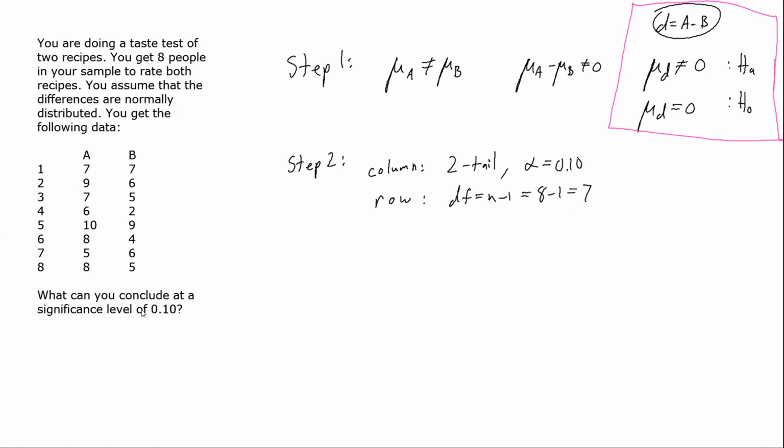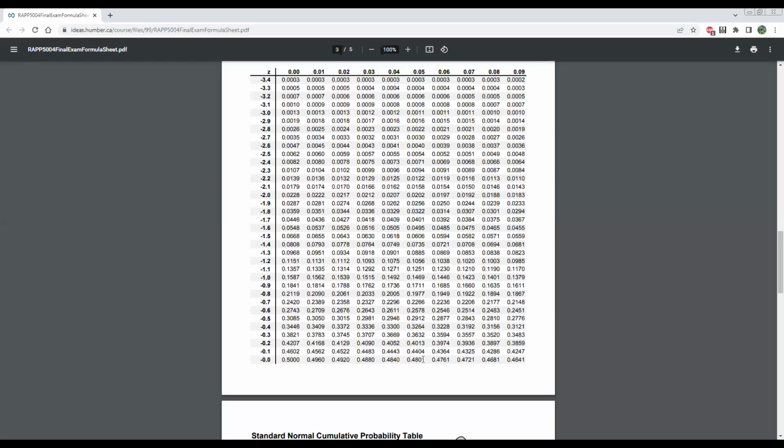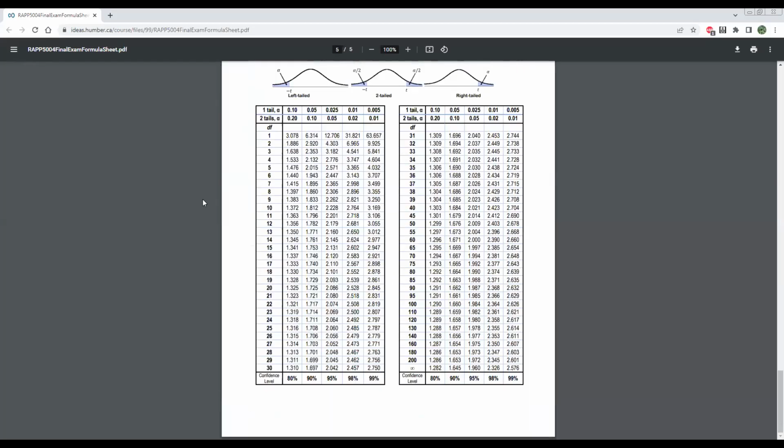So give me a sec here to pull up that t-table. All right, so here's the t-table.